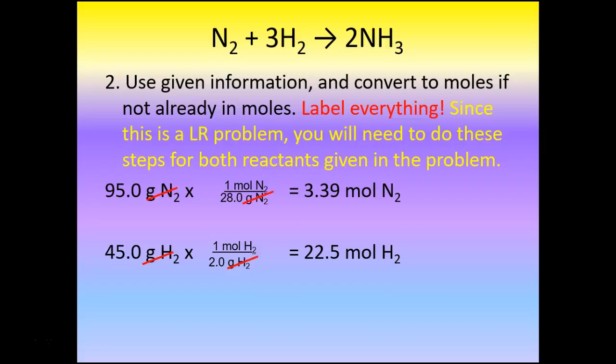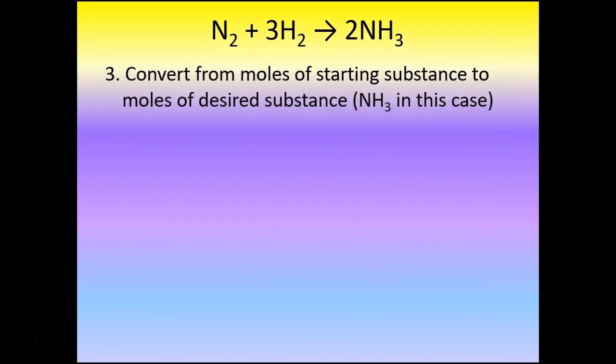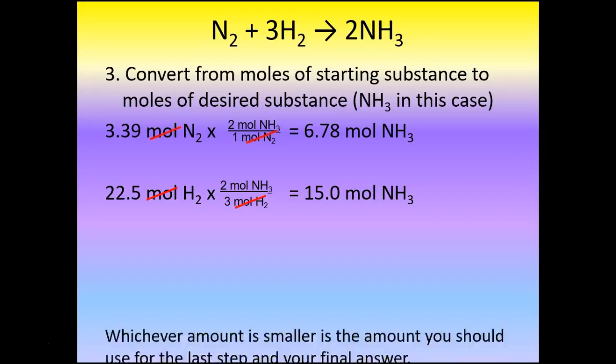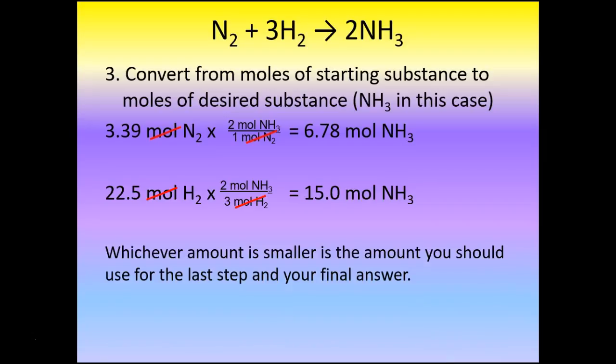Second thing is, well, now I need to convert to the type of mole I'm interested in. So I'm trying to find out about ammonia. So there's my mole-to-mole ratio for ammonia. There's my mole-to-mole ratio for ammonia from hydrogen. And at this point, even without doing the final step, which is find the mass of ammonia, you can already see that the 6.78 moles of ammonia, my last step is going to be to multiply by the molar mass of ammonia.